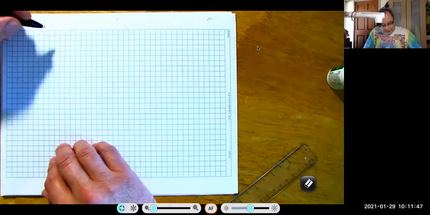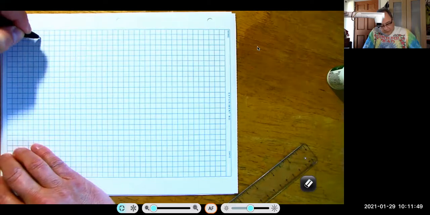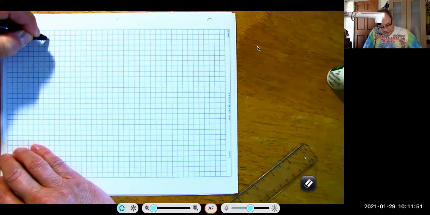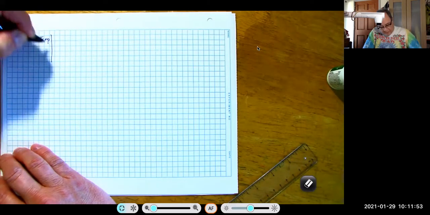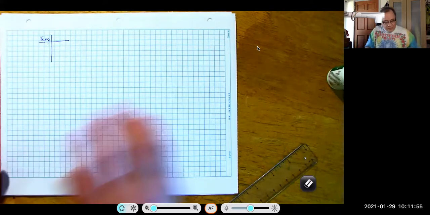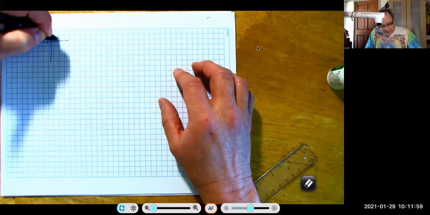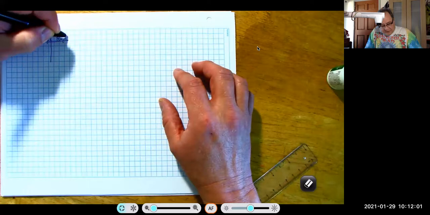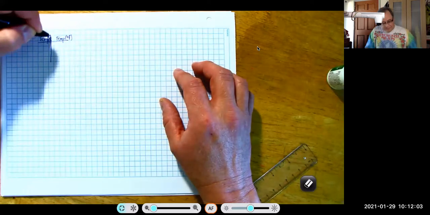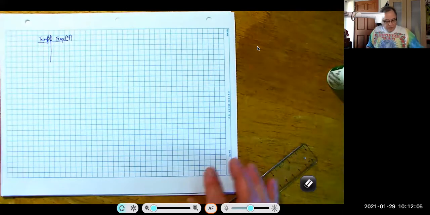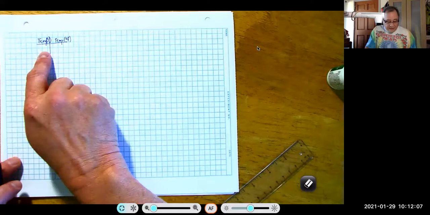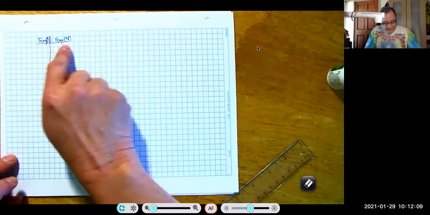So for the temperature, I'm going to call this temp degrees Celsius, and I'm going to call this temp degrees Fahrenheit. I normally like to write my little data list so that it's like X, Y.